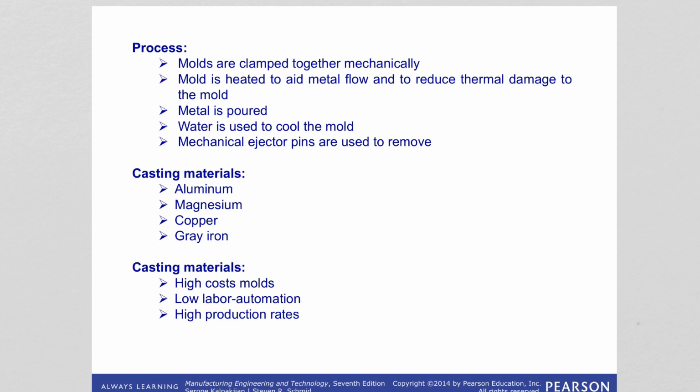We don't want to damage the mold. Metal is then poured, and after it solidifies, water is used to cool the mold, and mechanical ejector pins are used to remove the part.